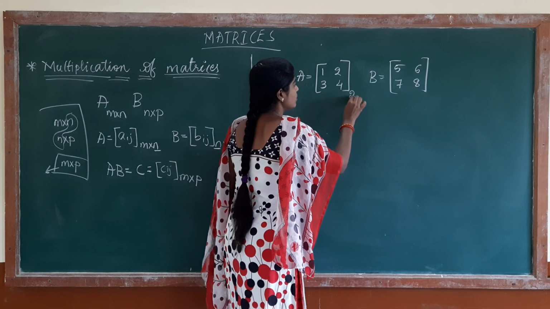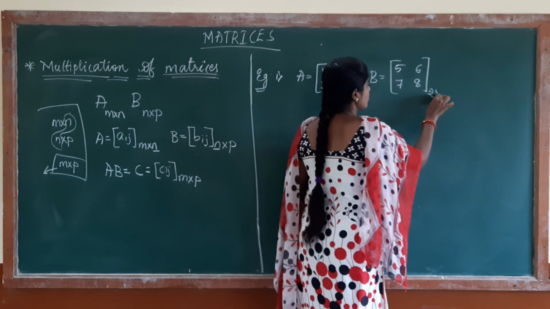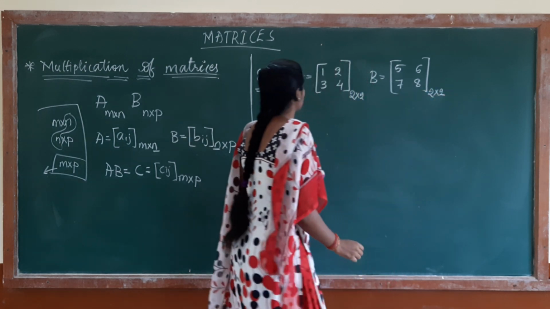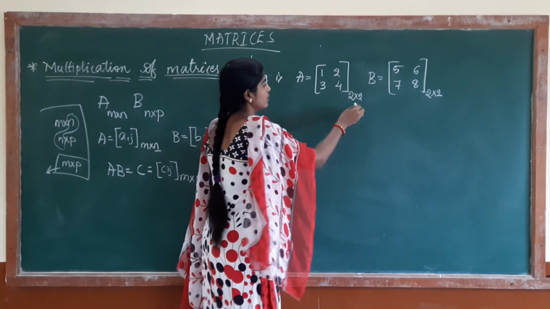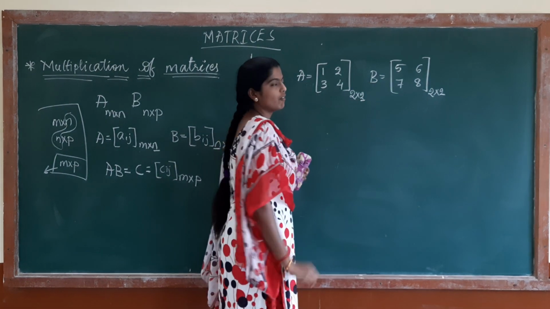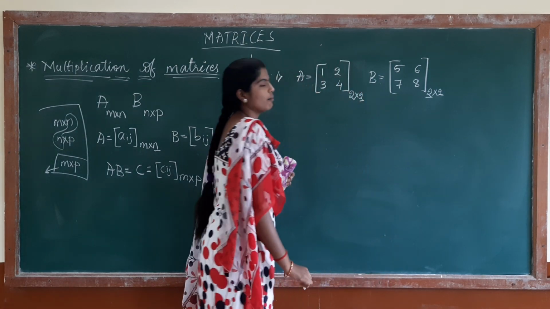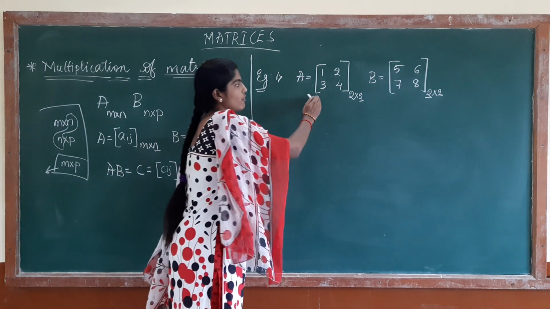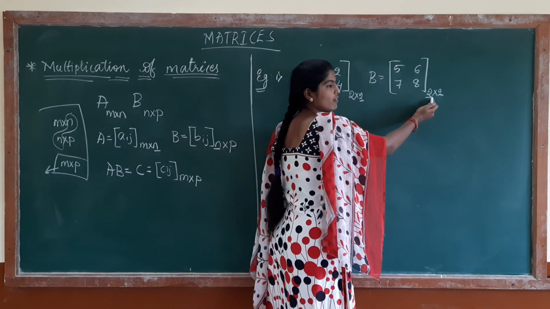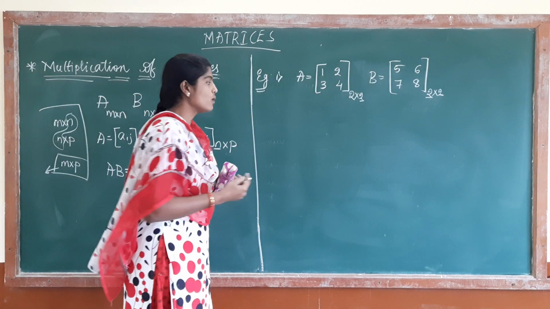It is a 2 cross 2 matrix, and B is also a 2 cross 2 matrix. See here, A has 2 columns, and B has 2 rows. The number of columns of A is equal to the number of rows of B. Then we can multiply these two matrices.